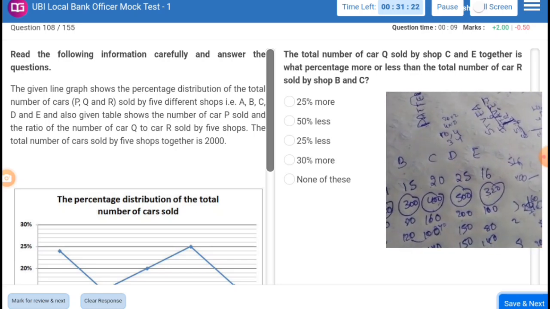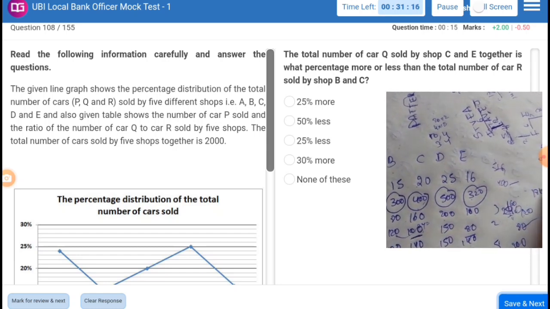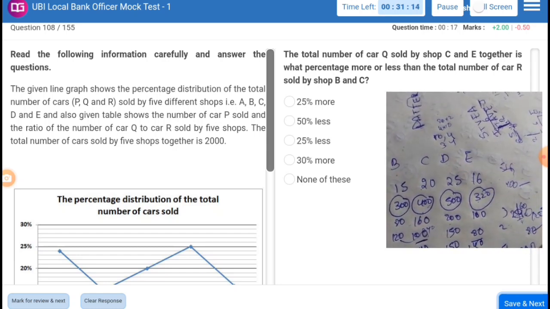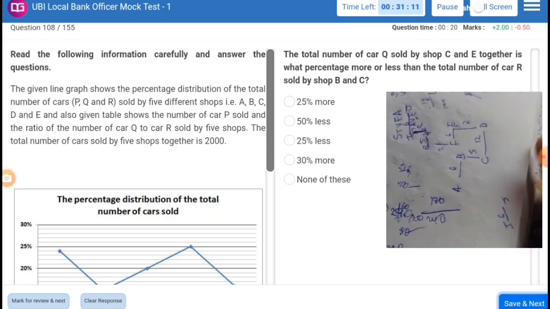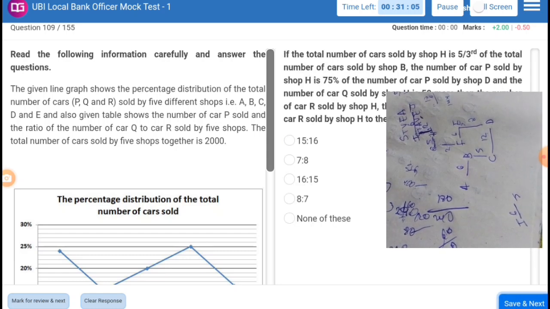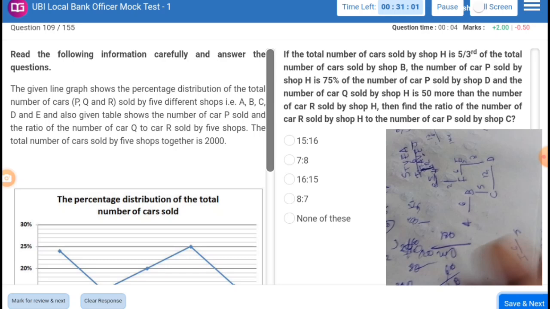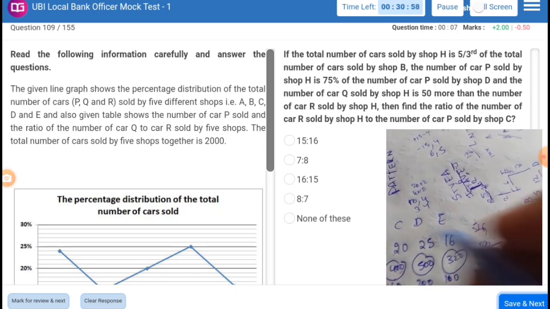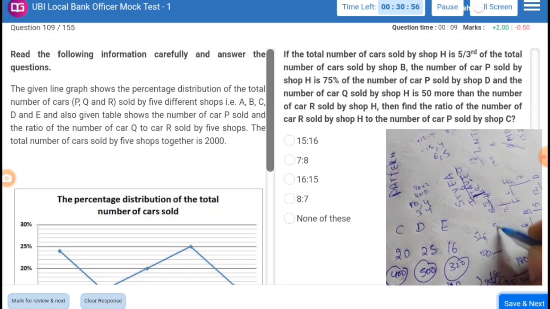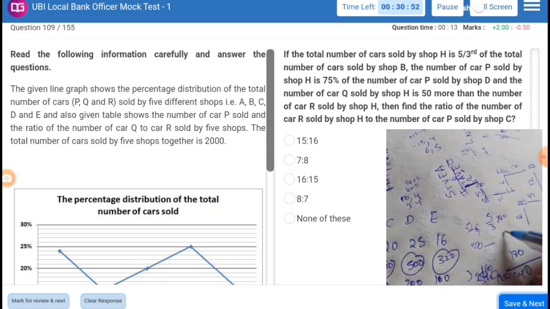Total number of Q sold C and D, 180. Total number of R sold B and C, 240. So 25% less. Total number of cars sold by H is 5/3 of B, 500.